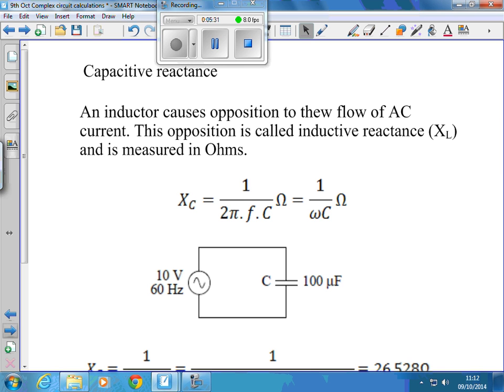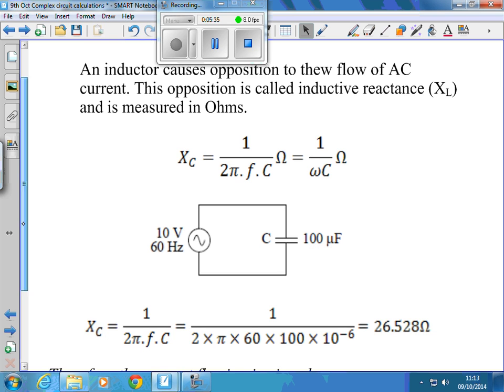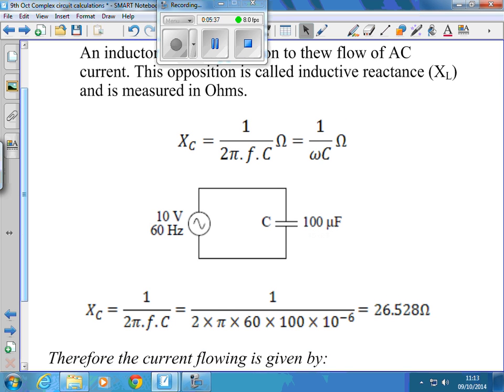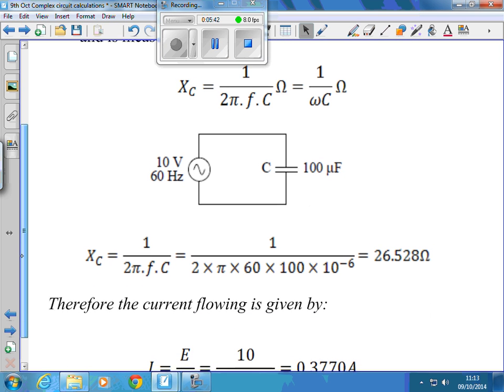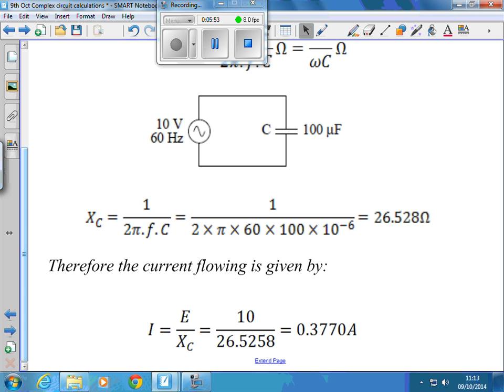So if we look at an actual circuit, we've got a 10 volt applied voltage at 60 hertz, 100 microfarad capacitor. That has a capacitive reactance of 26.5 ohms. And we can work out the current in the circuit. I is E over XC, 10 over 26.5, 0.377 amps. That's the magnitude of the current.